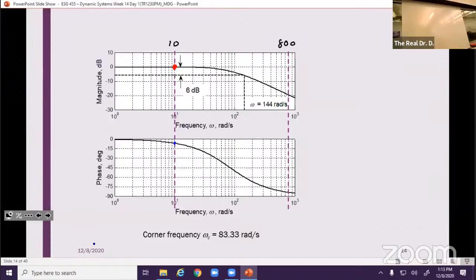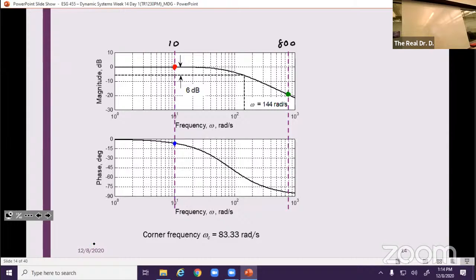And we've got a phase shift of like 7.5 degrees, right? Which would be a very small phase shift in radians. Similarly, if we look here, we're at roughly negative 20 dB.